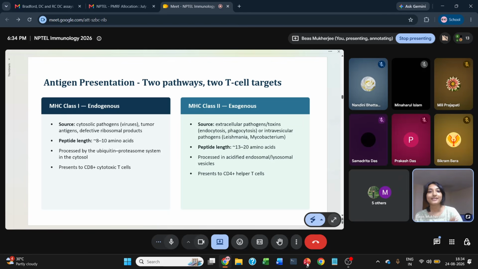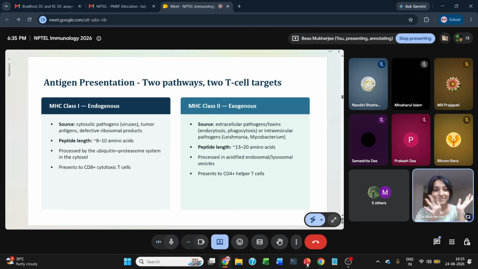Then we come to the second one, which is the exogenous pathway, and the source is extracellular pathogens. Let's say you have eaten some very cheap food stall food, and exogenous pathogens have entered your body. There can be pathogens like, for example, mycobacterium.